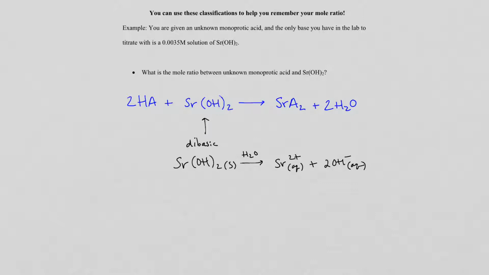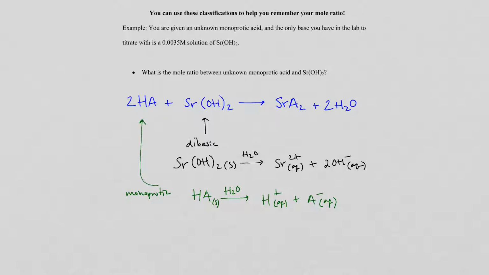HA is monoprotic. We'll say it was solid, we'll hydrolyze it, so we get H plus and A minus.